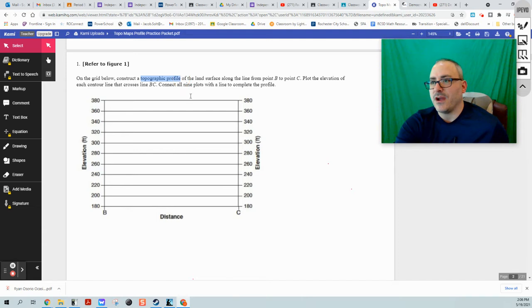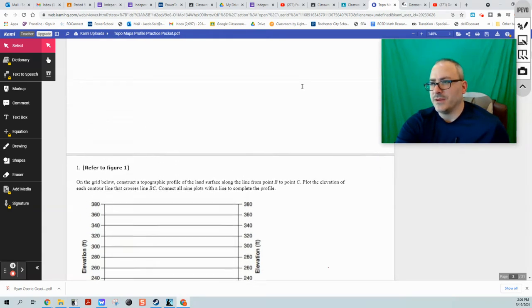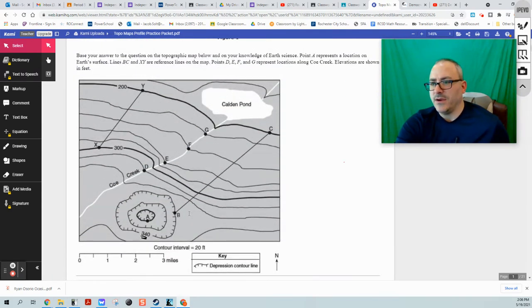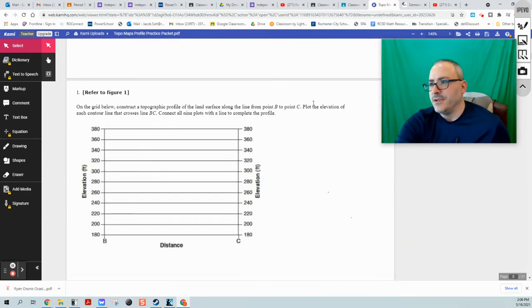We're doing a topographic profile of the land surface along the line from point B to point C. Okay, I'm going to do a profile from this point here, B, to C. I'm going to do a profile of this space here. Plot the elevation of each contour line that crosses line BC. Connect all 9 plots with a line to complete the profile. Okay.